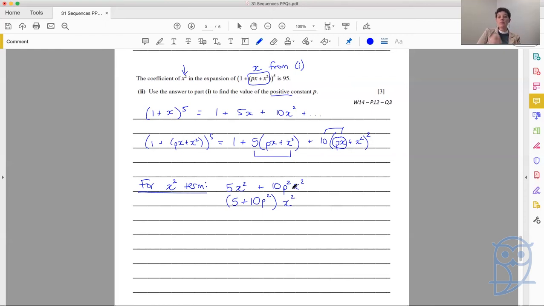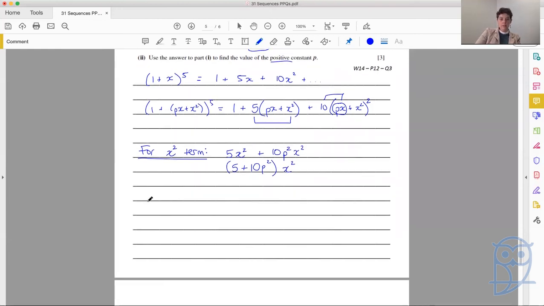And now we use that other piece of information in the question, that the coefficient of x squared is 95. So for the value of p, we know that 5 plus 10p squared equals 95. So taking away a 5 gives us 90, divided by 10. p squared equals 9. So p equals technically plus or minus 3.